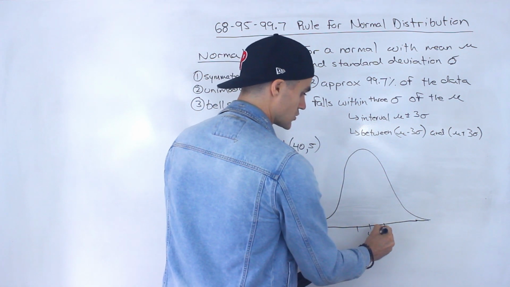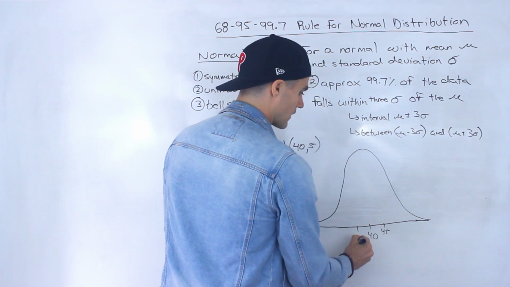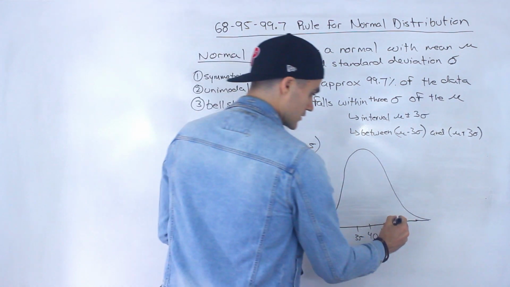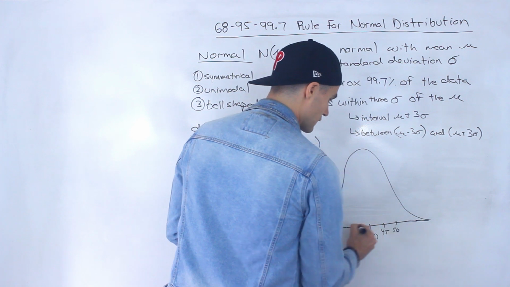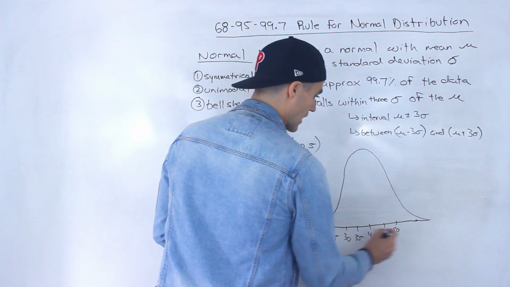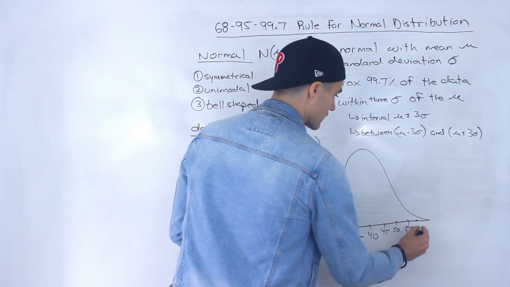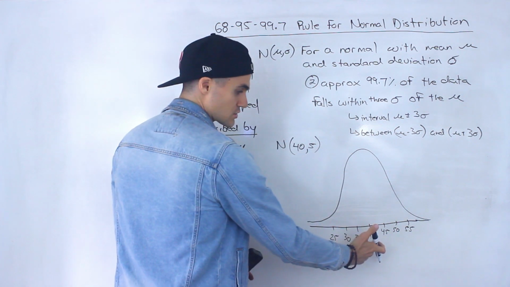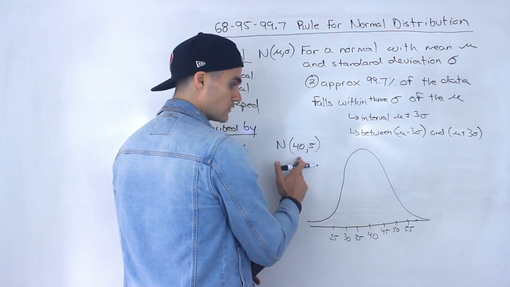So the first standard deviation would be 45, 35, right? 40 plus 5, 40 minus 5. 2 standard deviations out is going to be 50, 30, and then we're going to have 25, 55. Right? So 3 standard deviations to the left of the mean of 40.